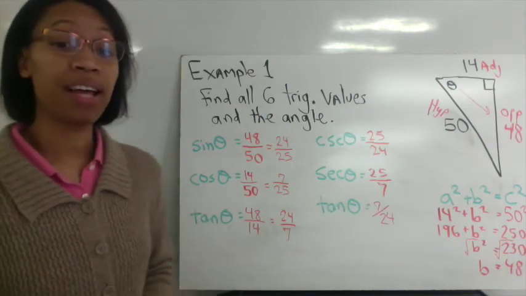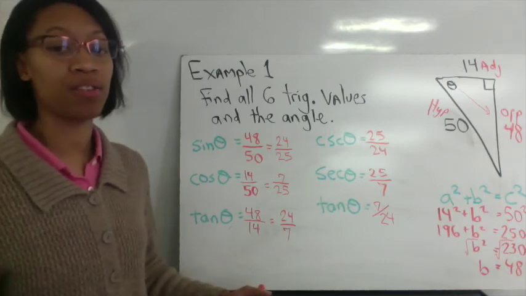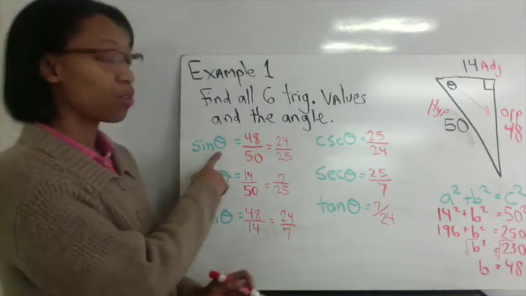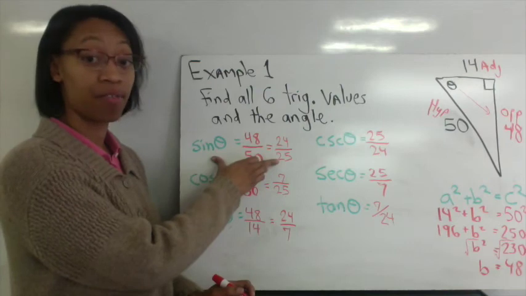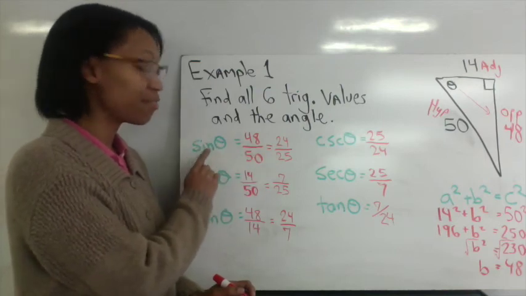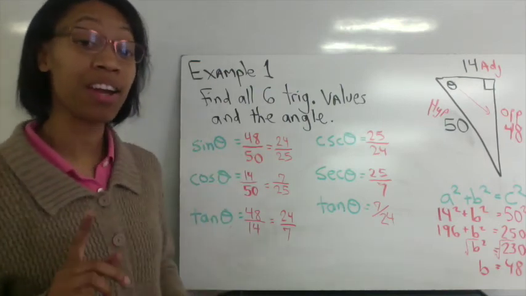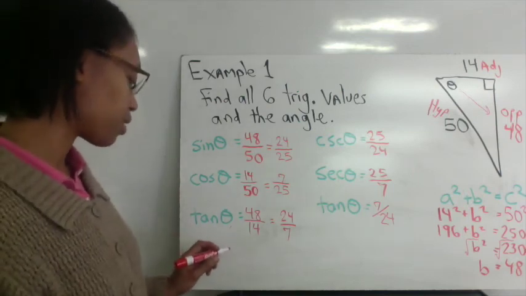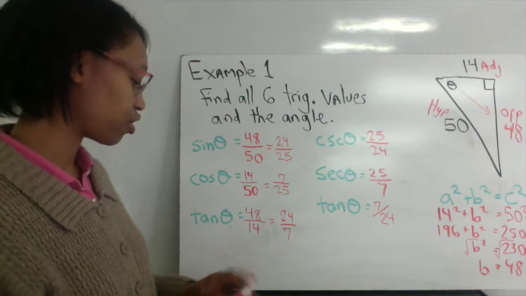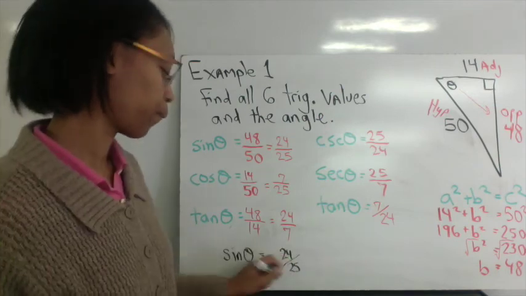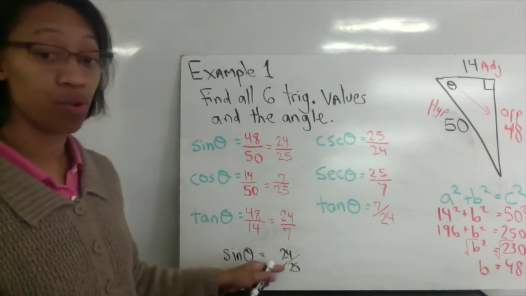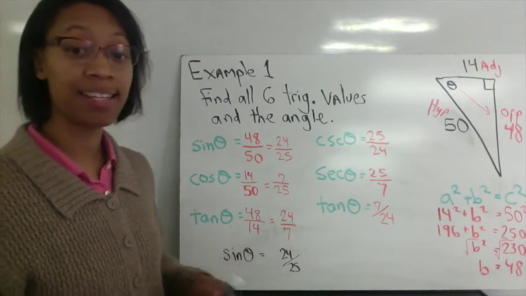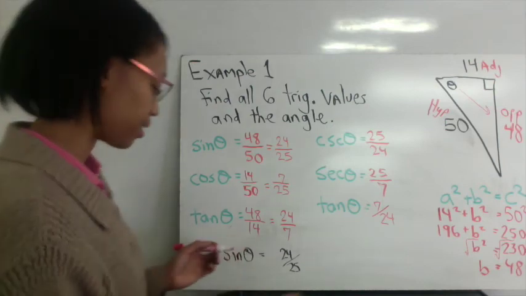Great. The last thing I asked you to do was to find the angle. To find the angle, I just need to take this equation that I have right here and do the inverse. In order to find the angle, I do my inverse sine. The sine of the angle is 24 over 25, and let's take the inverse sine of both sides.